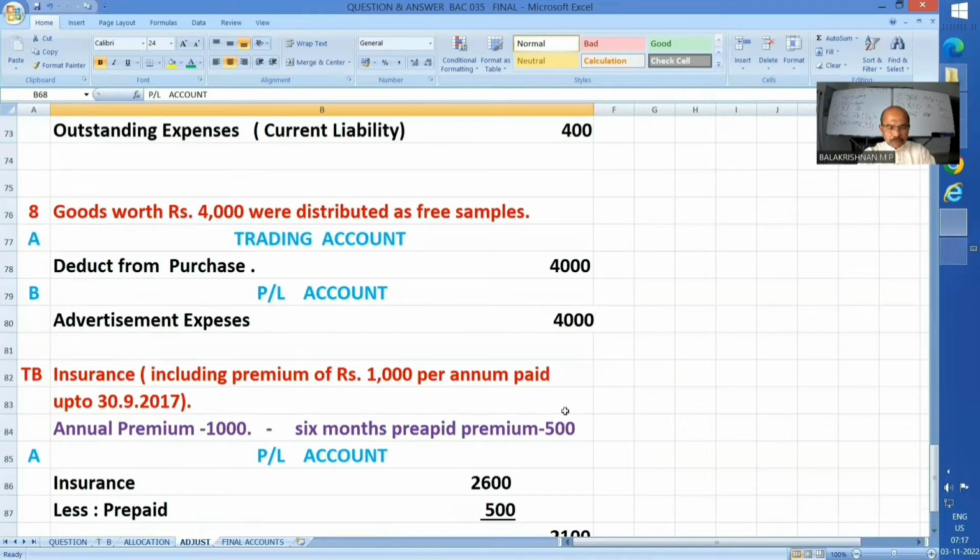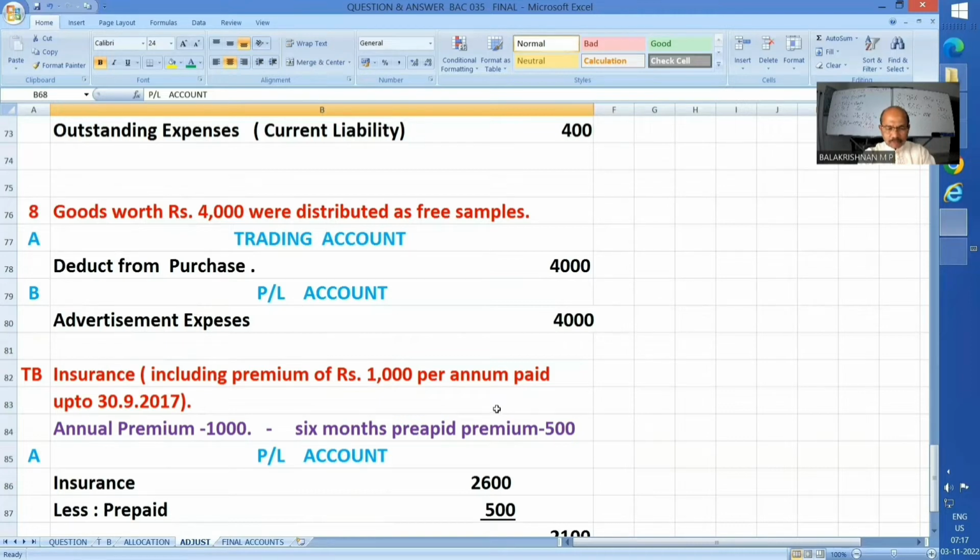8. Goods worth rupees 4,000 were distributed as free samples. Several times in my past videos, it has been mentioned that any diversion of the purchased goods for purposes other than selling activity means we will reduce it from the purchase account.